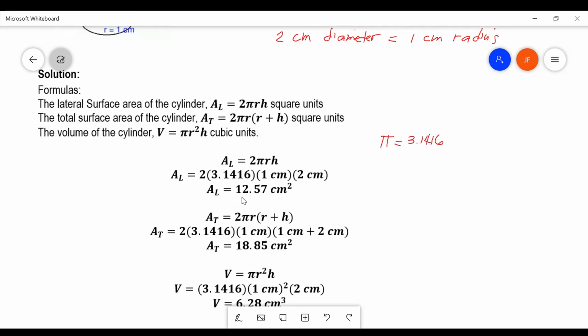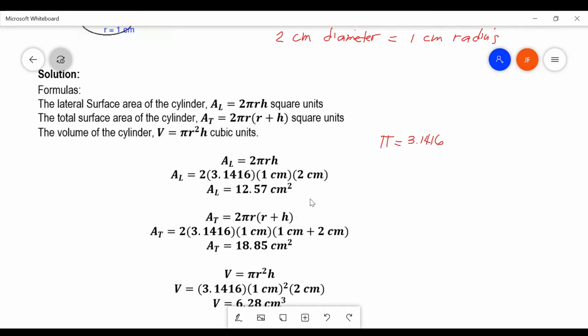Although 12.57 is properly read as 12 and 57 hundredths, for convenience in reading or mentioning this value, as we are already familiar with, it is 12.57 centimeters square.